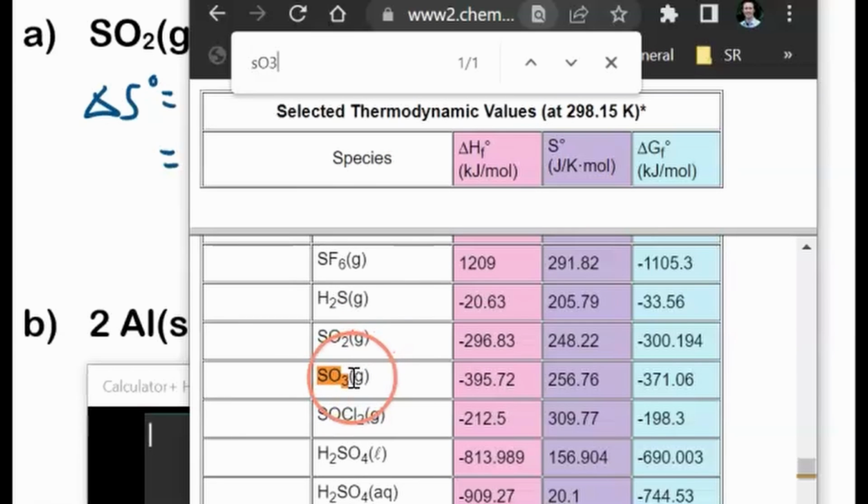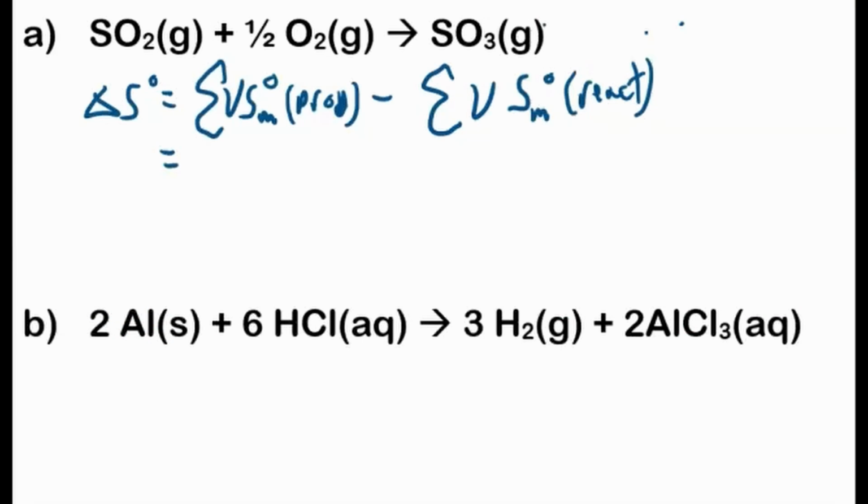This is a gas, so SO3 gas, the molar entropy is 256.76 joules per Kelvin mole. The stoichiometric coefficient is 1 because there's a 1 there. Don't have to include it, but that's okay.